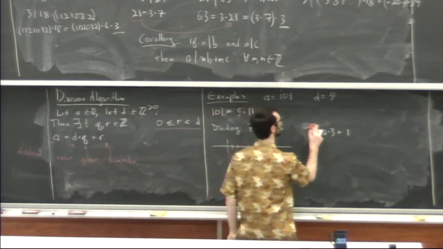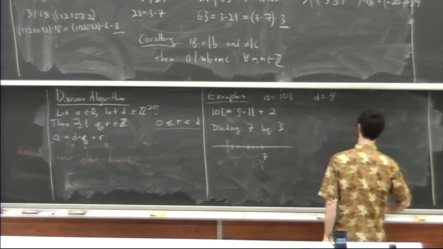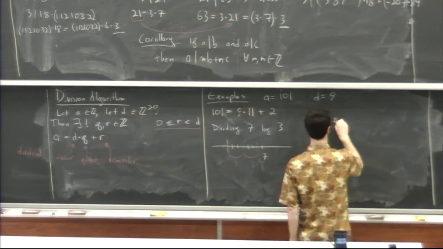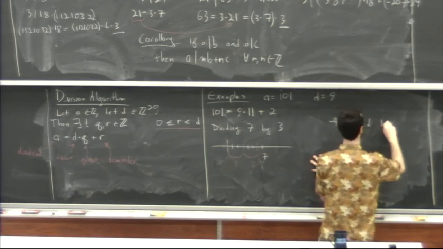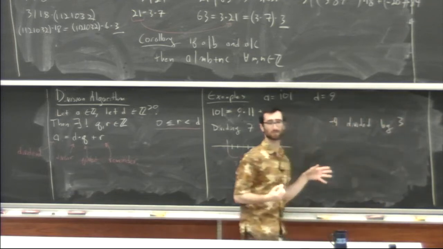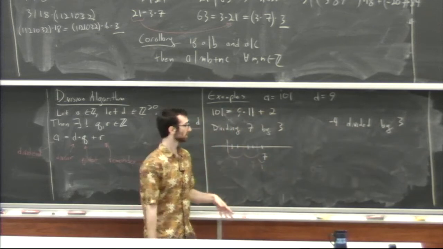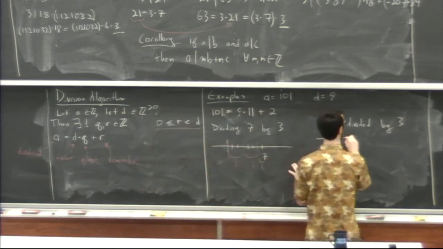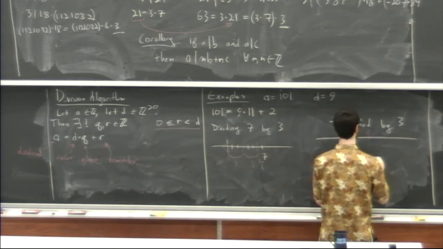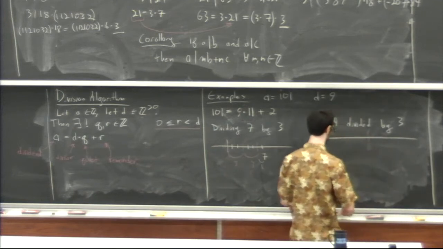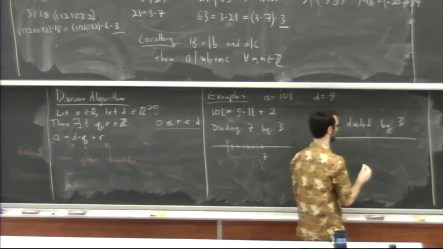Let's now do -4 divided by 3. Okay? So I'm going to draw the same number line, and I'm going to remember what all the multiples of 3 are. 0 is a multiple of 3, or 3 divides 0.